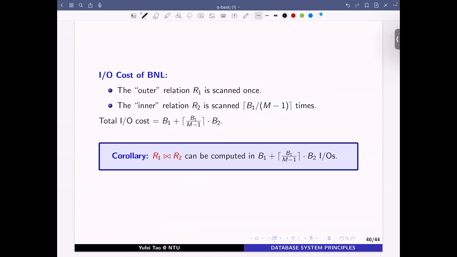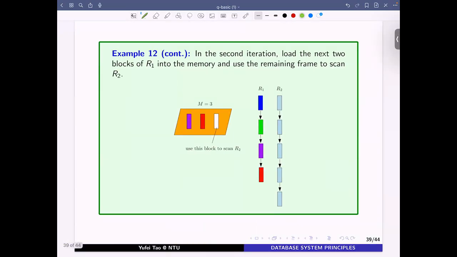Because you have B1 blocks in R1, and each time you load n-1 blocks into the memory, and then you perform one iteration, right? So you can see that the total number of iterations would be this. However, this could be a fractional number, and therefore you want to take the ceiling. So for example, here the answer is 2.